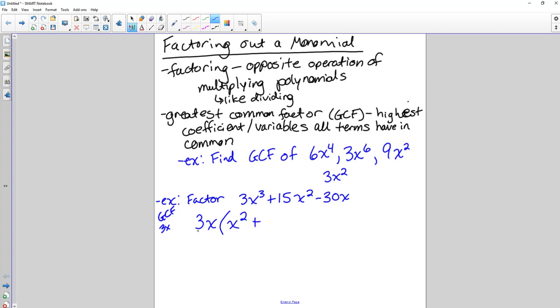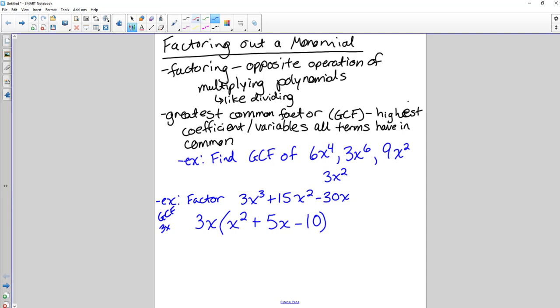Then we go plus. If we take 3 out of 15, we're left with 5. Then we take x out of x squared, we're left with x. Bring down the minus. 3 out of 30, we're left with 10. X out of x, nothing, or it's like x to the 0, so we don't even show it. And I end my parenthesis. So that is my answer.